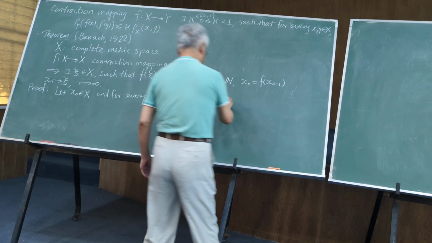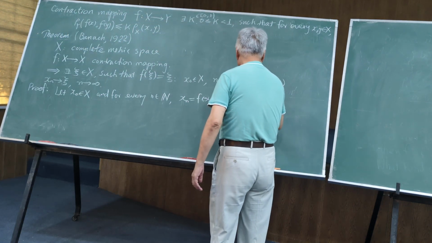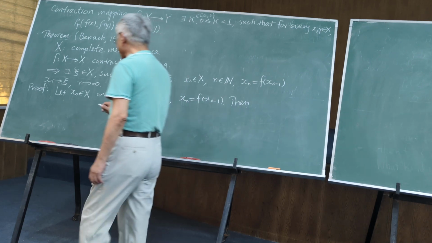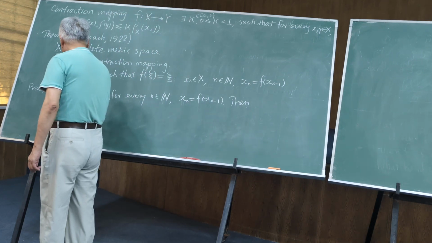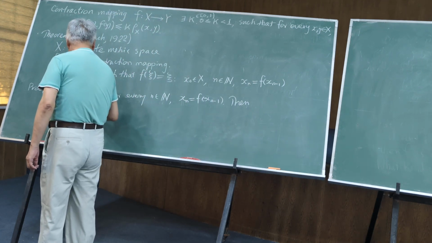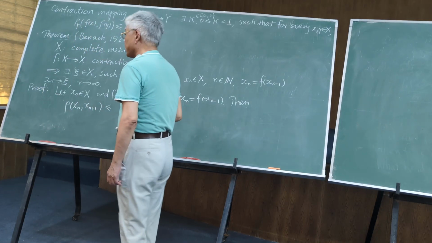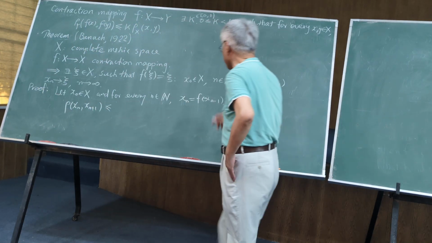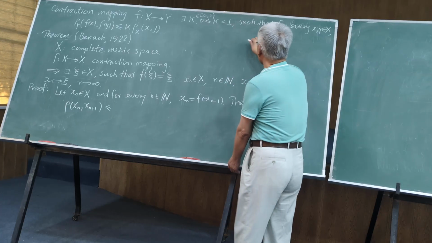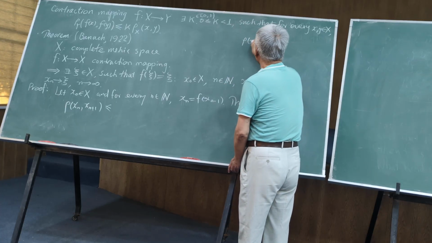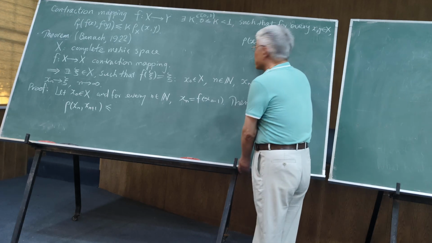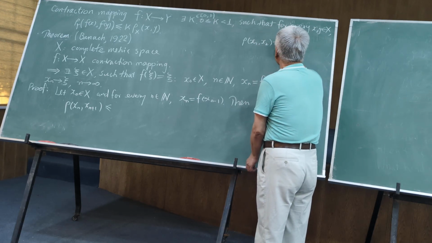Let us full stop here. Then the distance between xn and xn plus 1 is at most, what does the contraction mapping say? Let us have a look at the first term. What is the distance between x1 and x2? The distance between x1 and x2 is this.